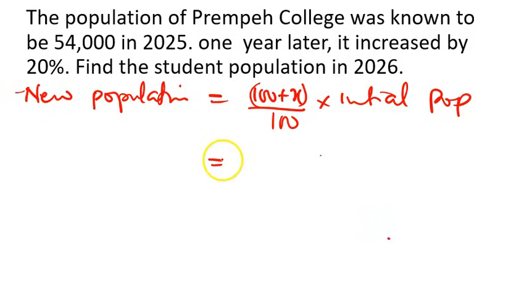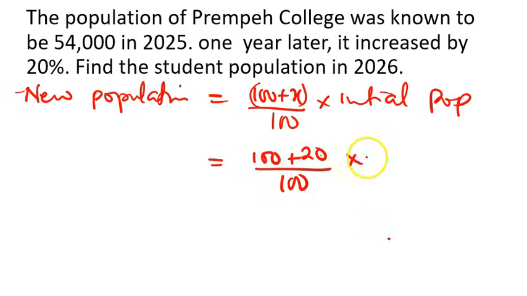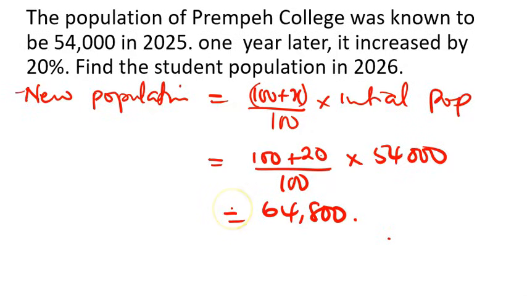So this becomes 100 plus the percentage increase, 20, over 100 times the initial population, which is 54,000. When we simplify, we are getting 64,800, and that will be the new population of Prempeh College.